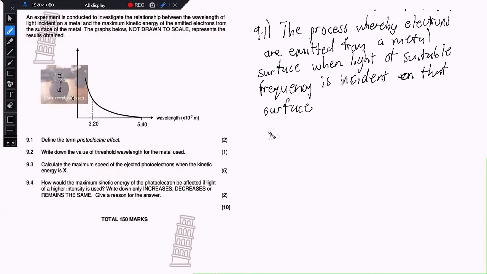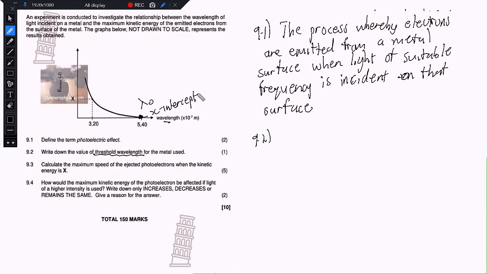Then 9.2 says write down the value of the threshold wavelength for the metal used. Now we can see that our x-axis here is indicating the wavelength, and if we are looking for the threshold wavelength, that means it would have to be indicated by the x-intercept here.